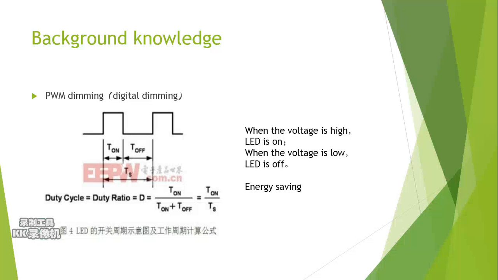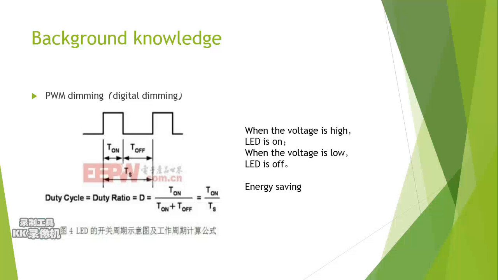It is equal to T on divided by Ts. T on means the time when LED is on. Ts means the cycle of PWM dimming.